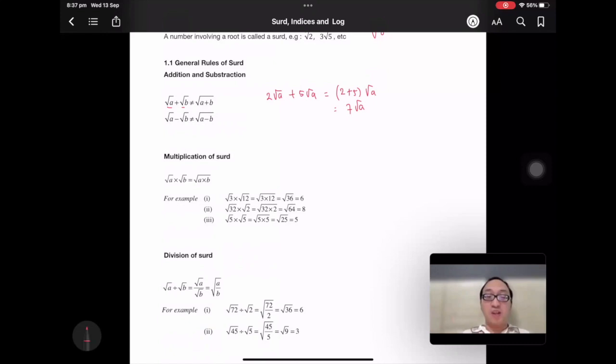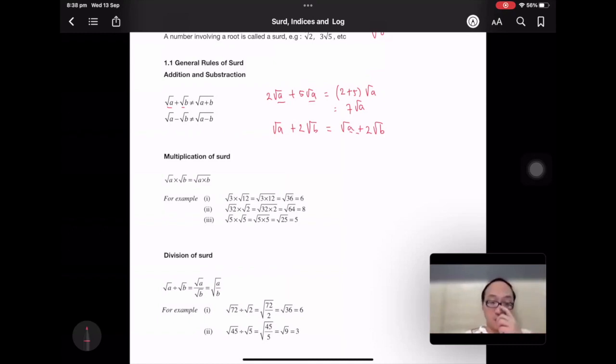We can add it because it has the same surd form. But if we have different surd forms, we cannot add them because they are different, so it will stay the same. That's about addition and subtraction.